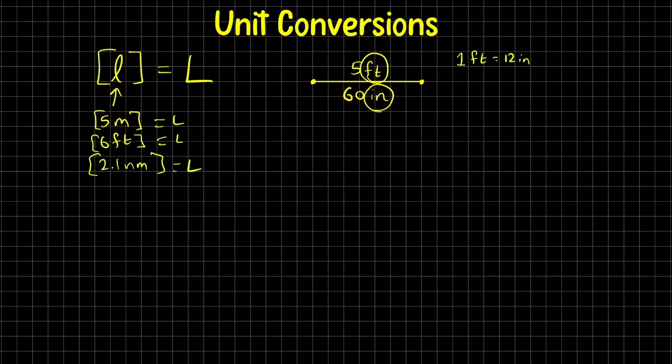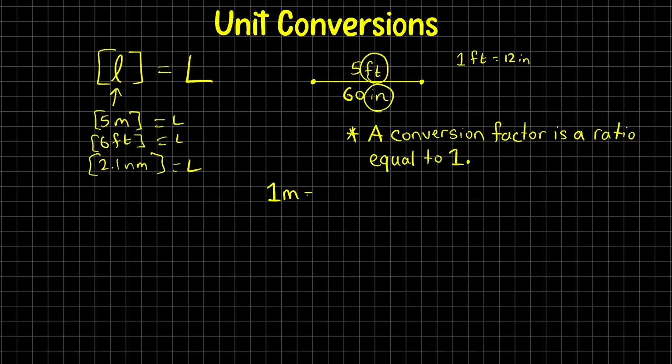This is the basic idea of a conversion factor. One of the biggest things that you should know is that a conversion factor is a ratio equal to 1. For example, we know that 1 meter is equivalent to 100 centimeters. So therefore, we can write this as a ratio, and that can look 2 different ways.